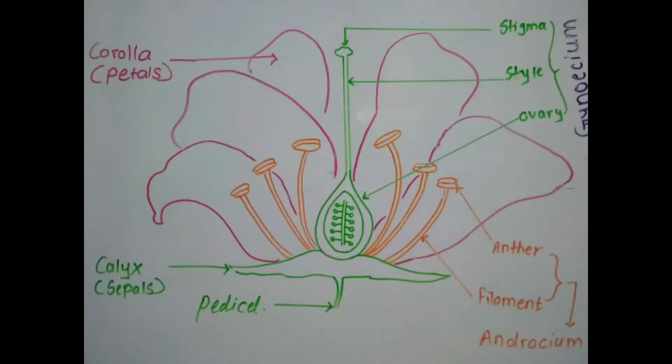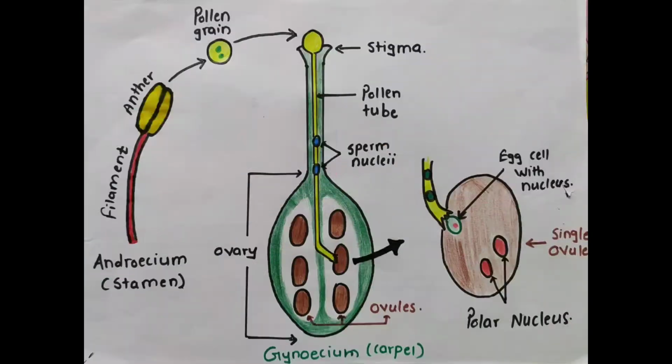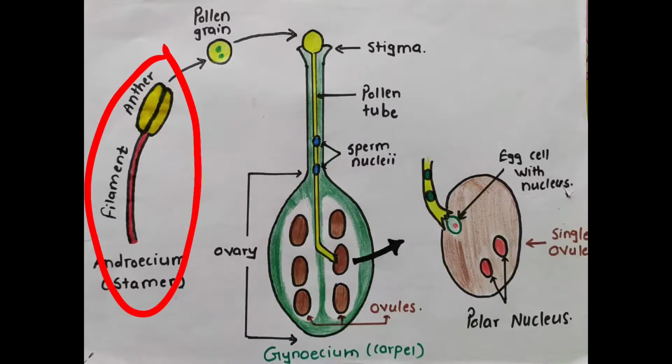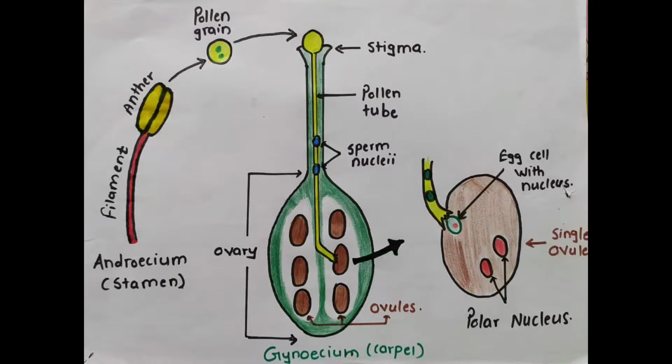Let's see the process in detail. This is the diagram of the actual process of sexual reproduction in plants. If you see the diagram, this is a stamen. Stamen means the male reproductive part of the flower. It contains filament and anther. See, from the anther, one pollen grain is coming out.